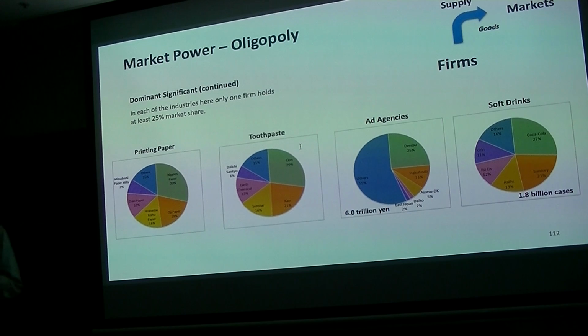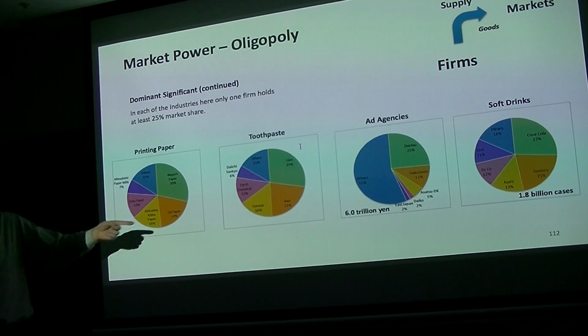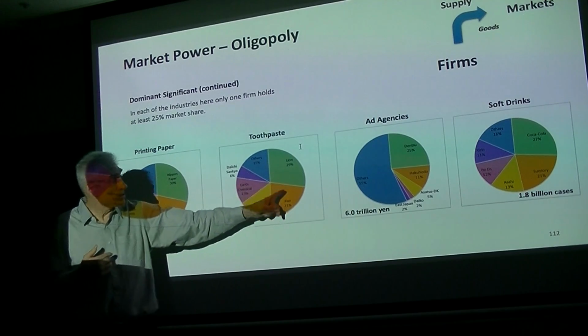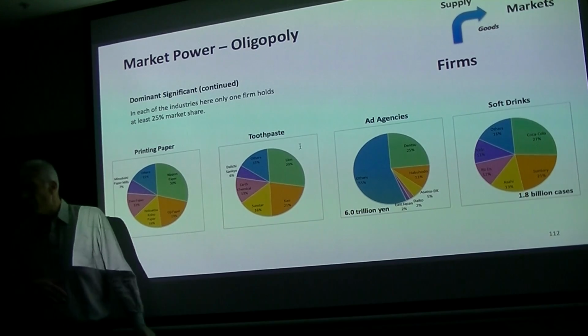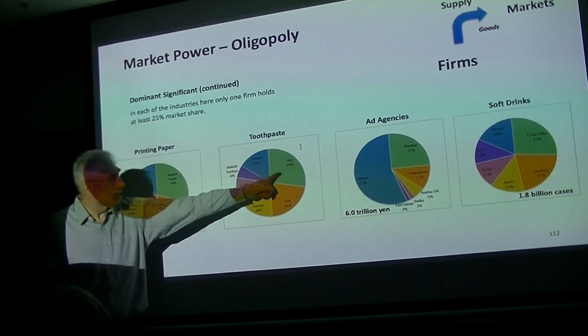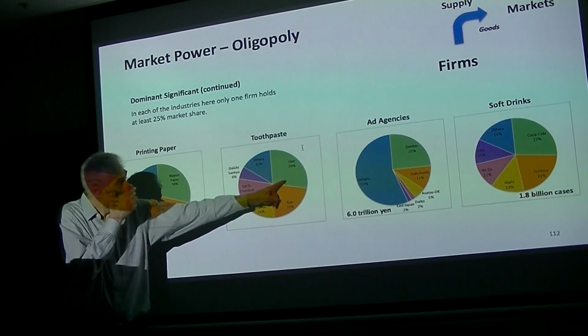Does anybody pay attention when they buy toothpaste? Because for me, toothpaste is what I use when I go to brush my teeth at night. My wife buys toothpaste, and whatever is there, I use it. But somebody must pay attention, because this is pretty competitive. People pay attention when they buy toothpaste, because that's quite a competitive market.